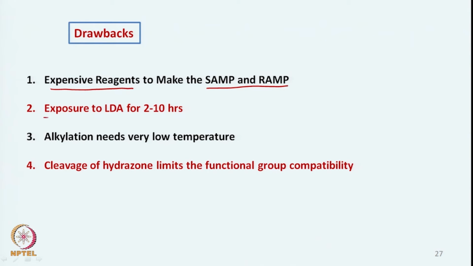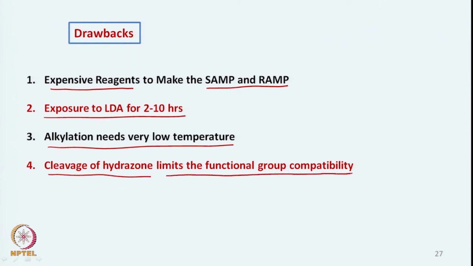Of course, you have to expose to LDA for several hours to carry out the deprotonation, and the alkylation needs to be done at very low temperature, as you saw, as low as minus 100 degrees. Then after the alkylation has been done you slowly bring the reaction to room temperature, and then you have to cleave the hydrazone, and this limits the functional group compatibility.